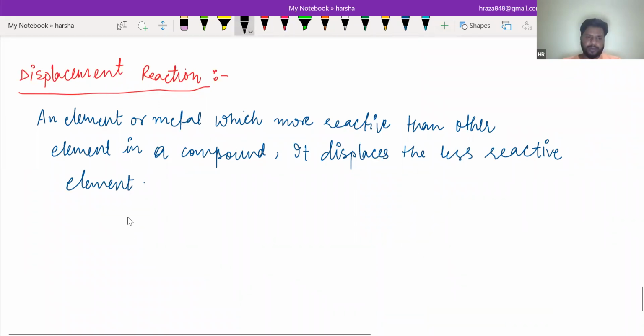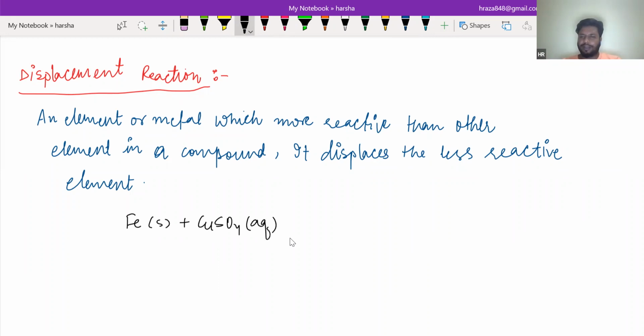As an example, take Fe in solid and CuSO4. CuSO4 is a salt present as an aqueous solution. When we dip iron in copper sulfate, iron is more reactive than copper, so it displaces copper in copper sulfate, and it forms like this.